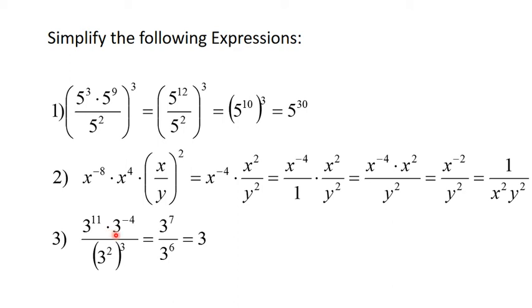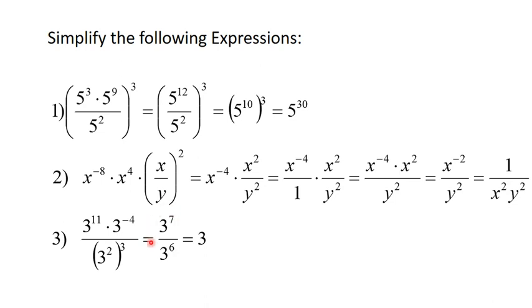Because we have multiplication of the same base, I'm going to keep the base 3 and add the exponents. 11 plus negative 4 is equal to 7. At the bottom, I'm going to use the power of a power rule. So I'm going to keep the base 3 and multiply the powers. 2 times 3 gives you 6.